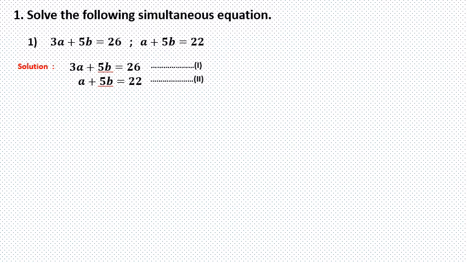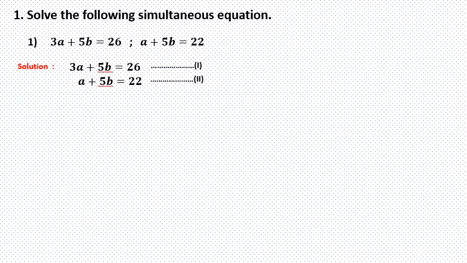What is the third step now? You have to do addition or subtraction. So what will you do? I told you before: if the sign of the variable is different, opposite signs, addition; same sign, subtraction.